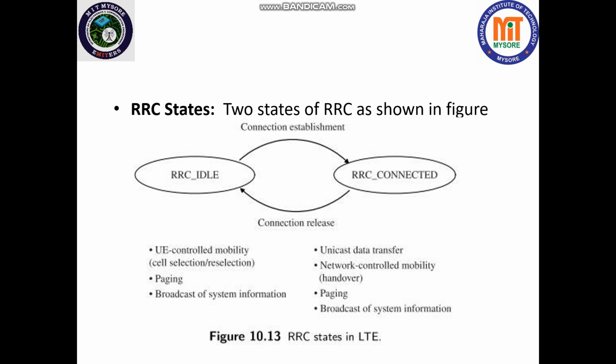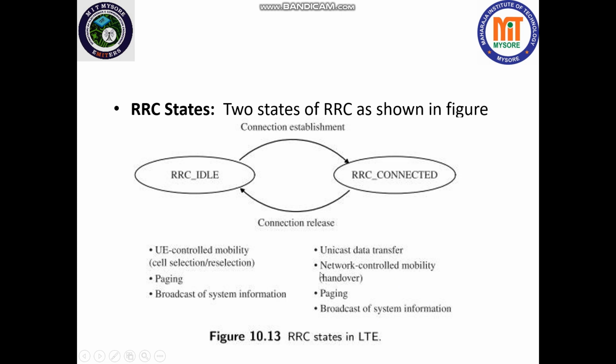It is connected means the operations taking place between the user equipment and eNode B will change. Here, the functionalities are unicast data transfer, network controlled mobility or handover, paging, and broadcast of system information.